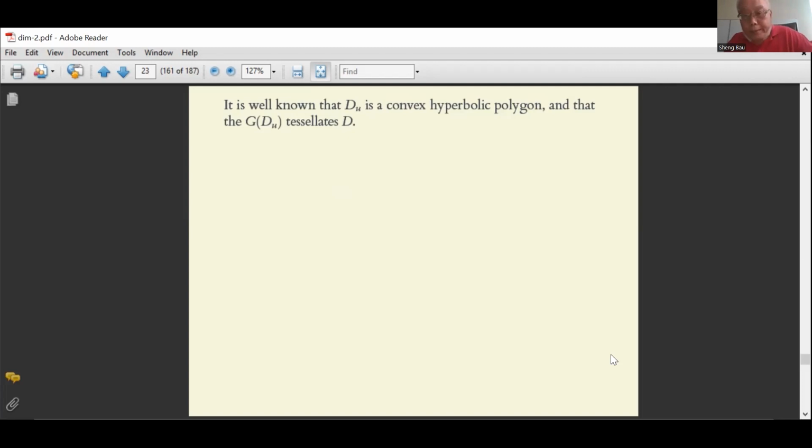Dirichlet regions are convex hyperbolic regions. So in the hyperbolic plane, convexity is defined, probably you haven't seen this kind of convexity already in Professor Yuan's lectures, by: if you have any 2 distinct points in the hyperbolic plane, then every point of the geodesic hyperbolic arc connecting those 2 is in the set.